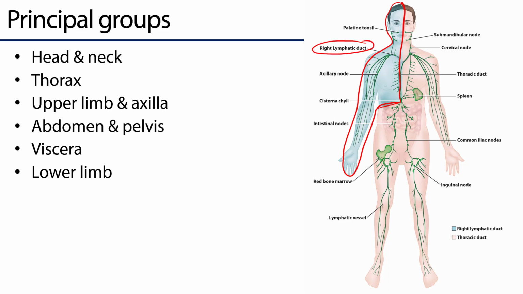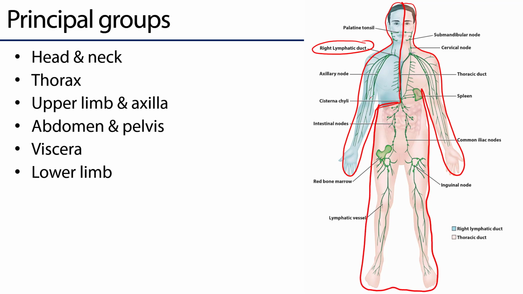Everything else, so the left head and neck, the left upper limb, the left side of the thorax, the abdominal pelvic region, as well as the lower limbs, are all going to drain into the thoracic duct.